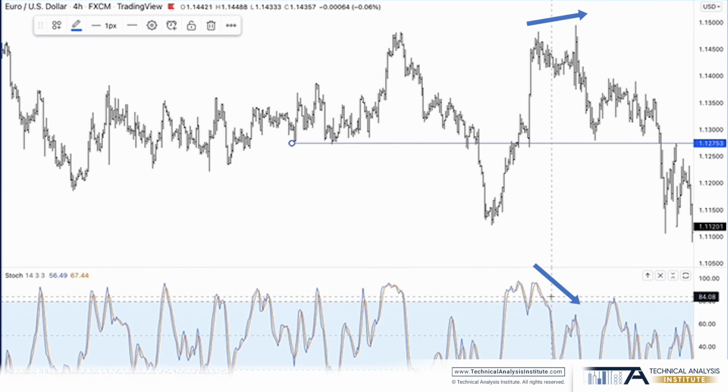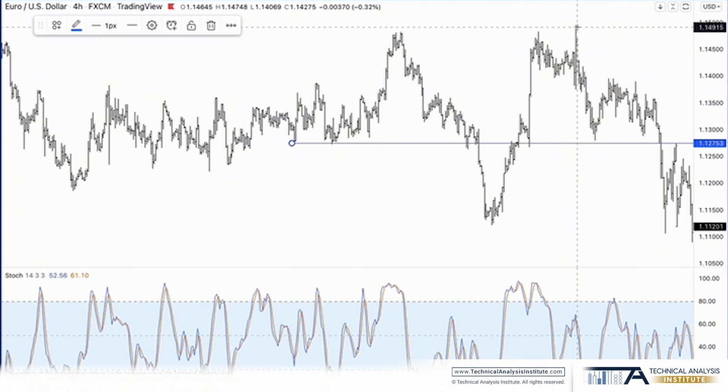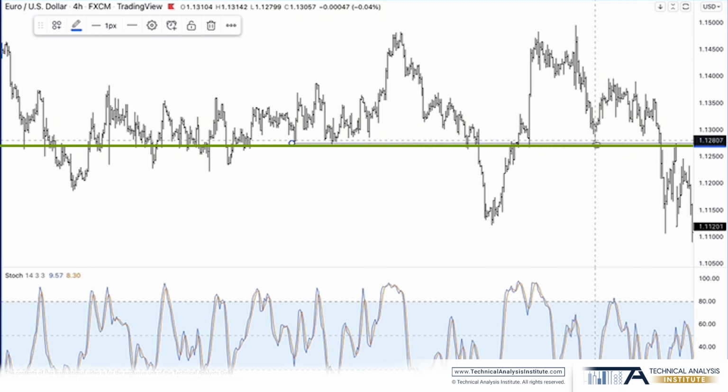Remember that concept of divergence? That means that likely prices are going to now go down. Now notice what happened. Where did they go down? They went exactly to the same area of support. This is not magic. This is something that happens all the time. This is the way that the markets behave.